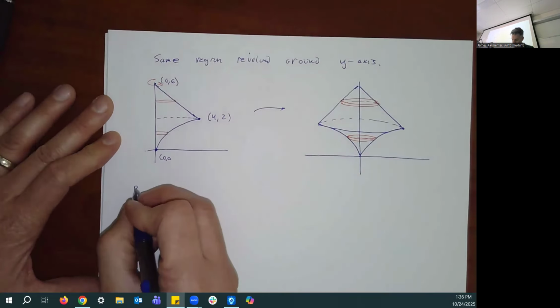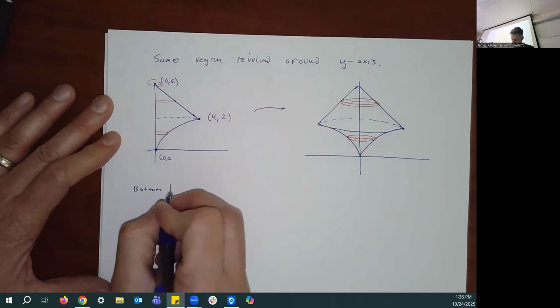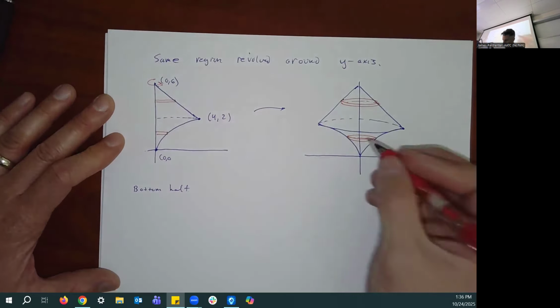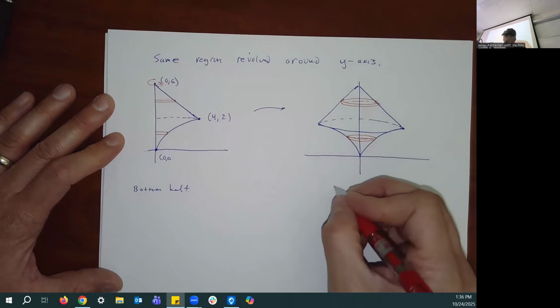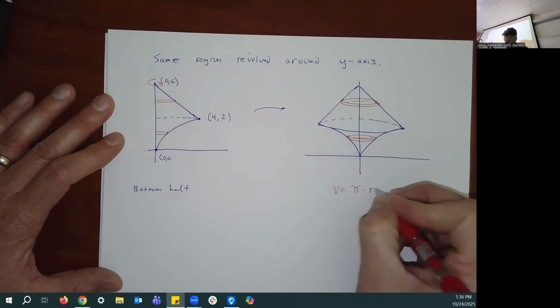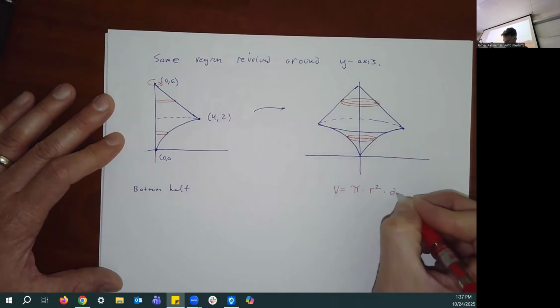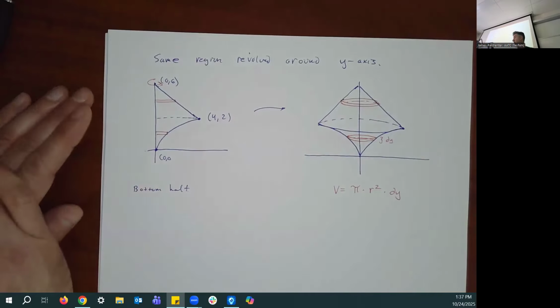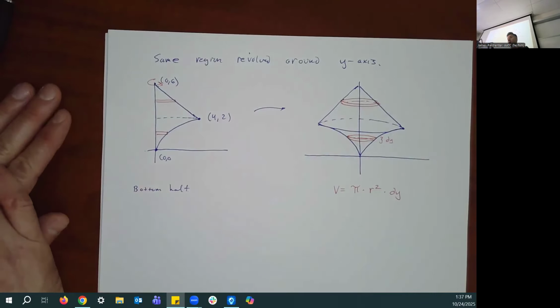So for the bottom half, let's look at our disk here. The volume of our bottom half disk is pi times the radius squared times dy, because our thickness is a change in y, not a change in x, which means our function better be a function of y.